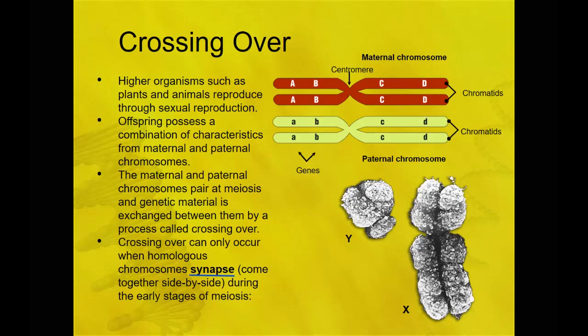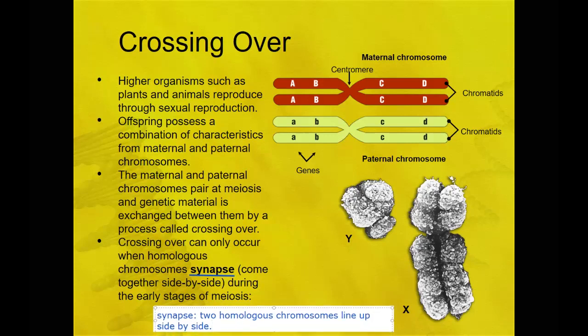Two homologous chromosomes line up side by side. So that's what synapse is, and we want to keep that in mind.